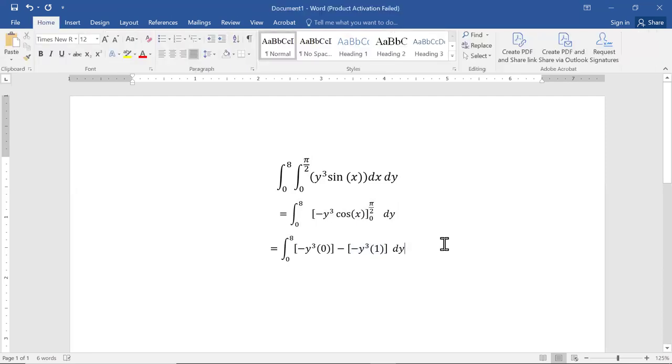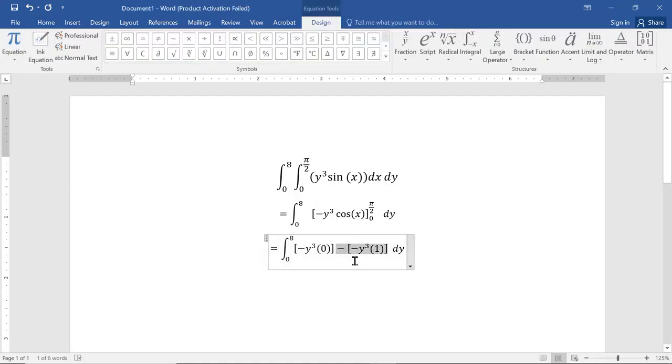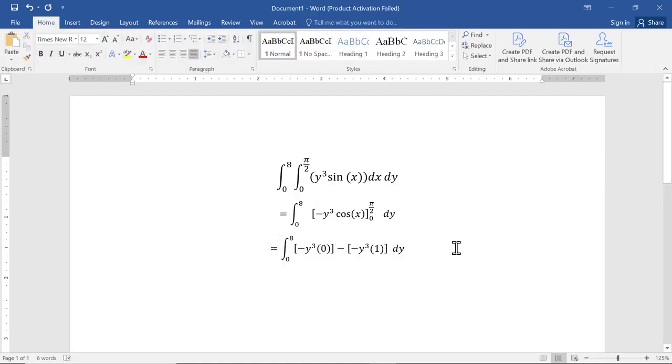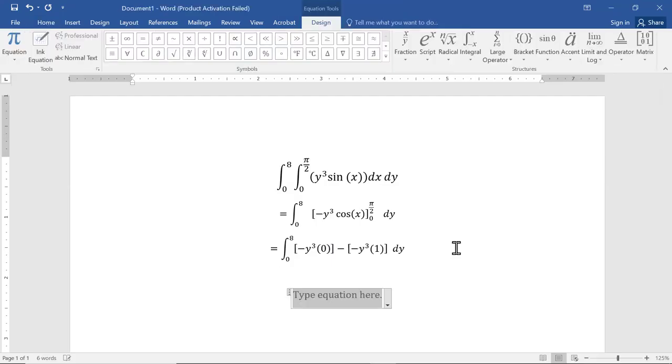Doing that calculation, the first bit gives me 0, and then the second bit gives me a positive y to the third. So I get the integration from 0 up to 8 of y to the third with respect to y.